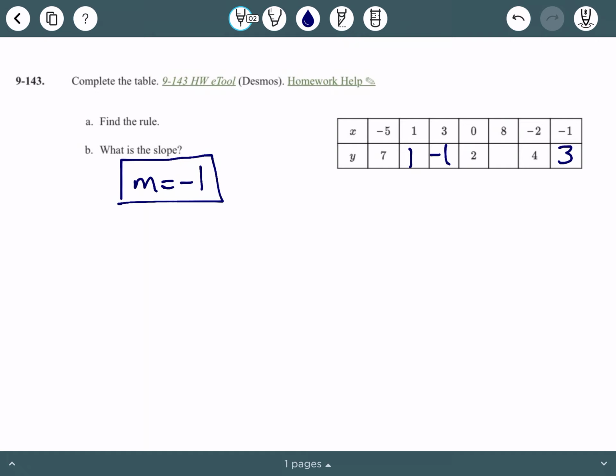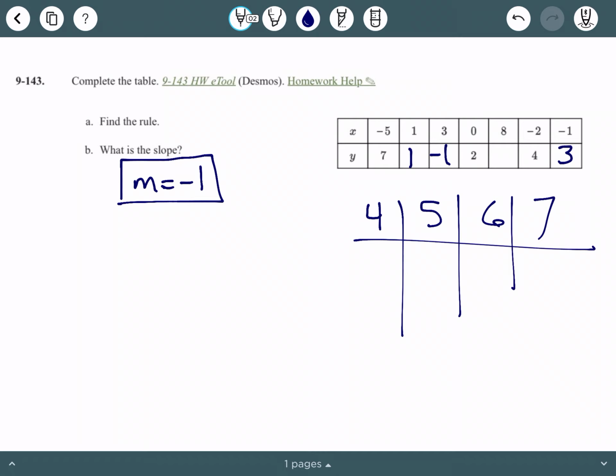And then finally, let's see, if my 3 is -1, you can extend the table if you want. So we are missing the values 4, 5, 6, and 7 as positive values.